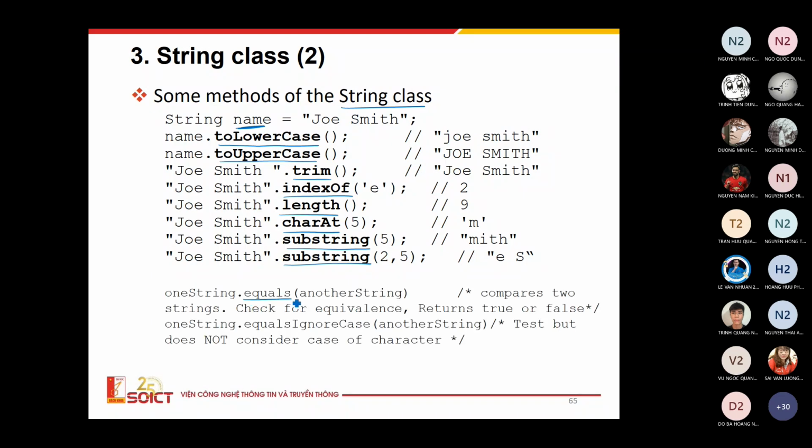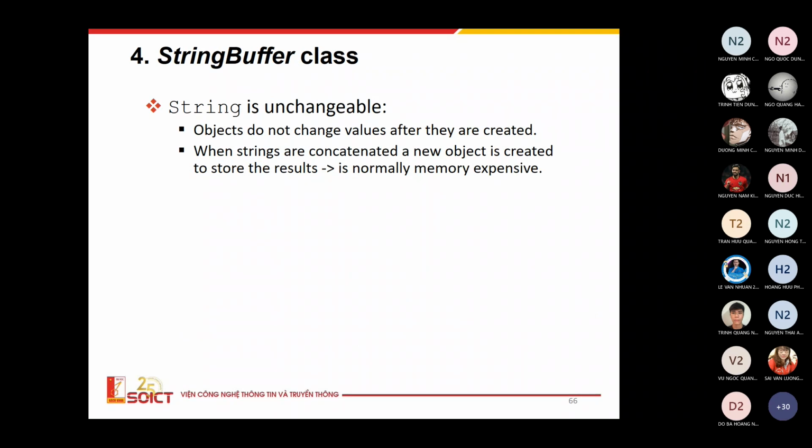You have also equals. The equals method here is already overridden, so it helps you to compare two strings. Okay. And you can check equality ignoring case. Okay. There are some basic methods for the String class. And in Java, you also have the StringBuffer class.